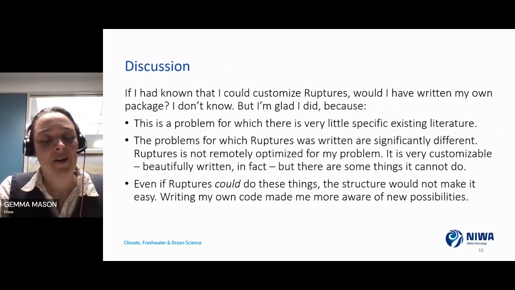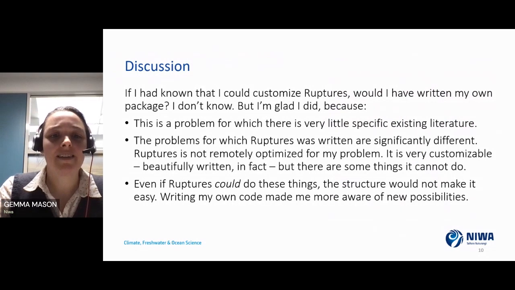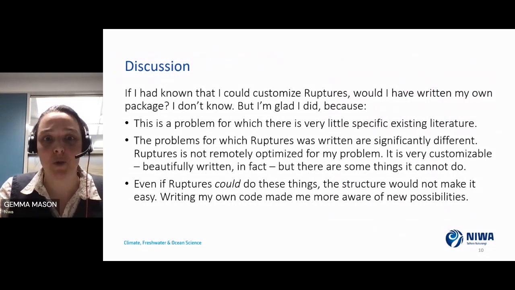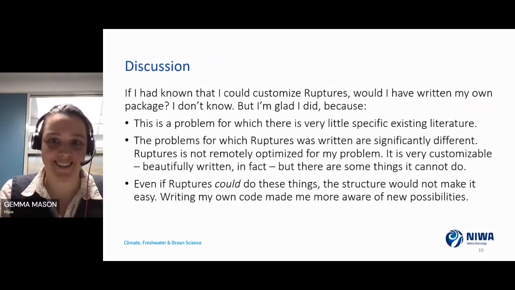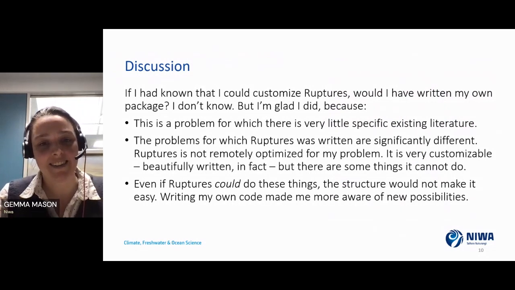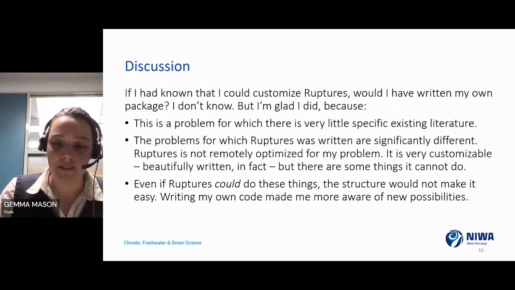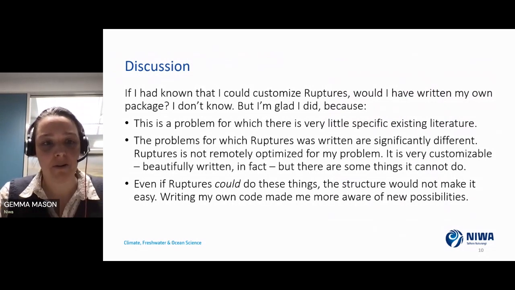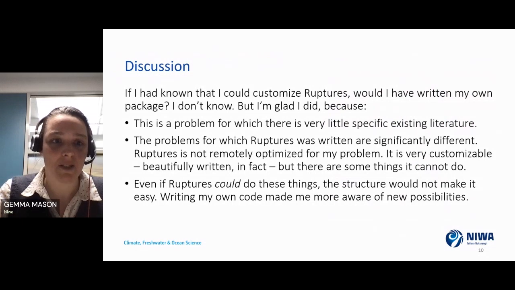And so if I had been working with existing code, the existing structure wouldn't have made it easy for me to try new things. And it turns out this is a problem for which you want to be trying new things. And so I think this is an important principle when you're asking, should I use the existing software? Should I write my own? One of the most important questions you can ask is, how new is what I'm doing, and how new do I want it to be able to be?